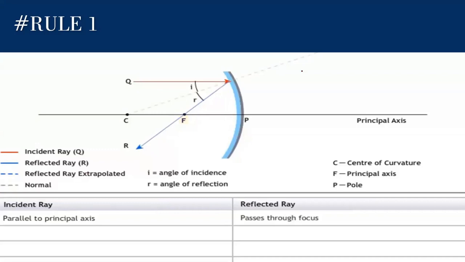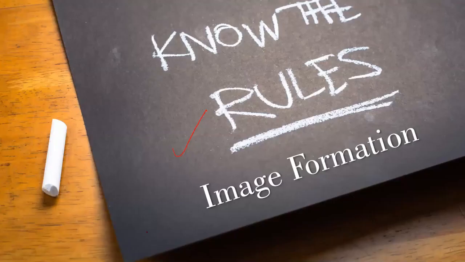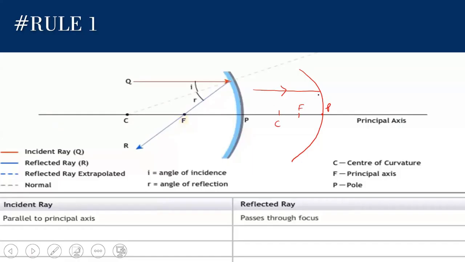This is your convex mirror, this is the incident ray, this is the pole, this is the focus, this is the center of curvature, and this is the principal axis. Now if this incident ray is parallel to the principal axis, it has to go through the focus. That's the rule.